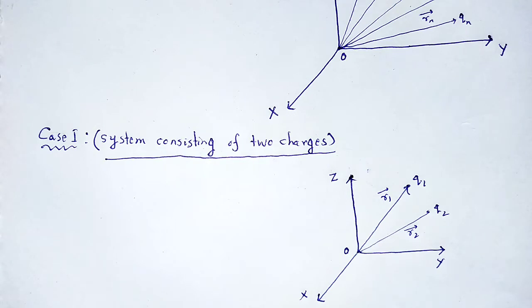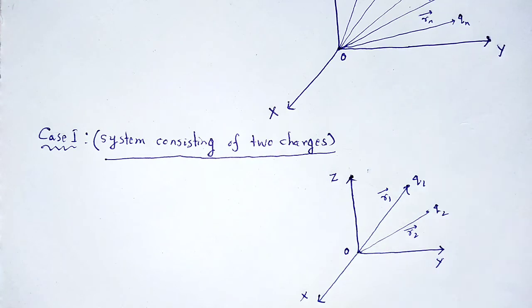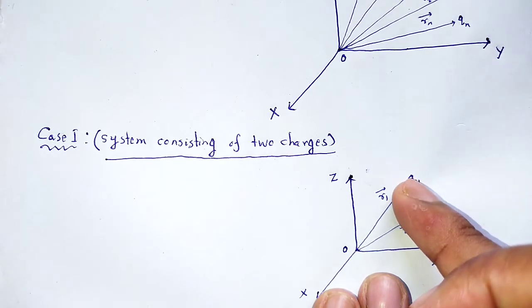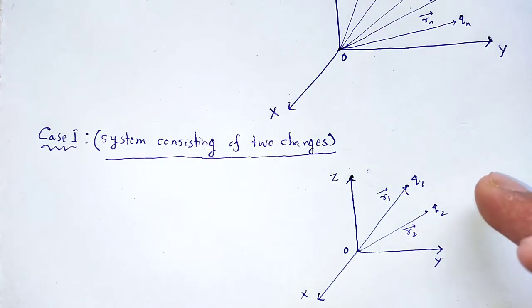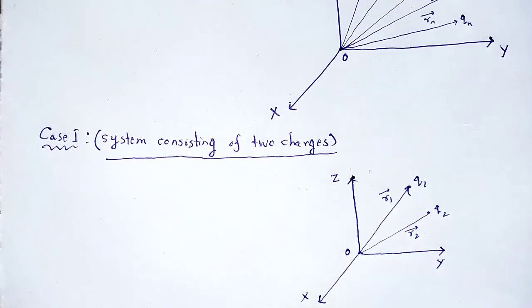The electric potential energy due to these two point charges is the work done in first taking charge q1 from infinity to r1, and then bringing charge q2 from infinity to r2.